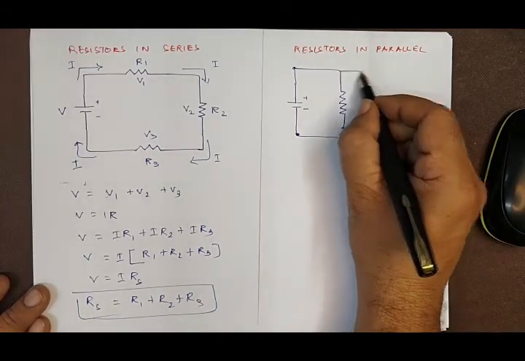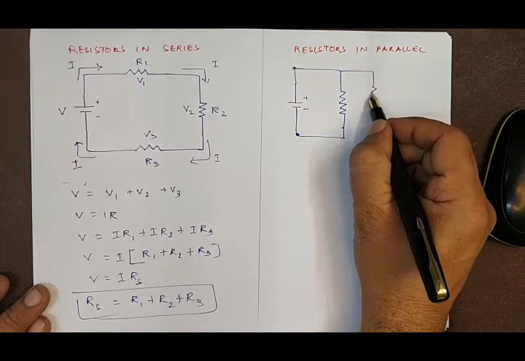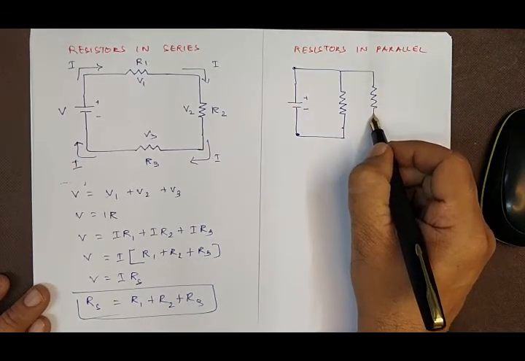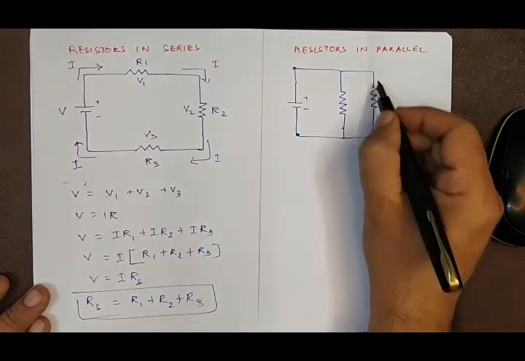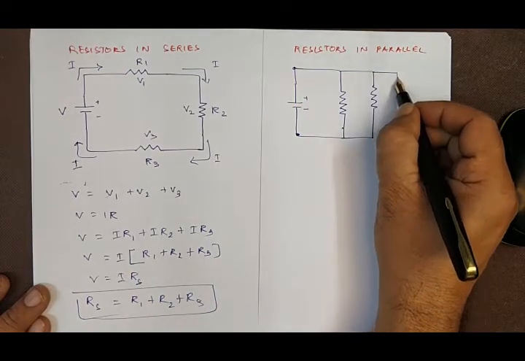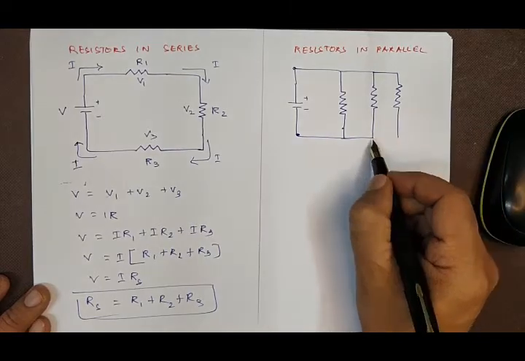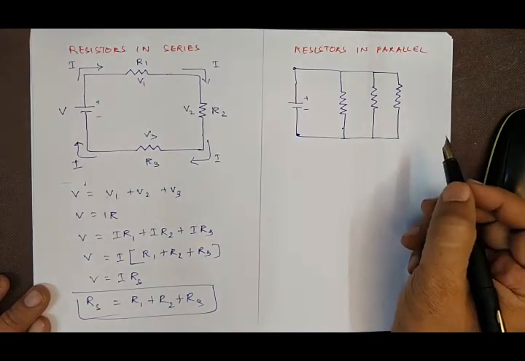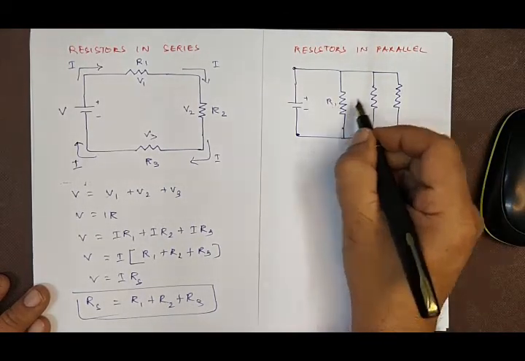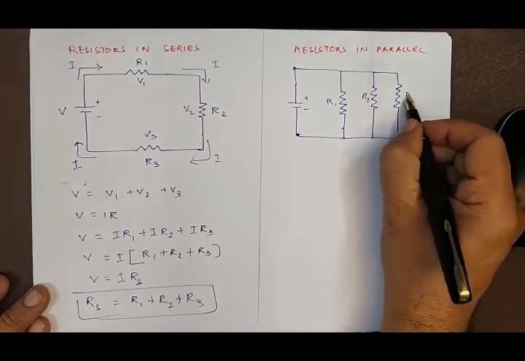And another parallel circuit, parallel resistor, and another parallel resistor. Let me call it resistor 1, resistor 2, resistor 3.